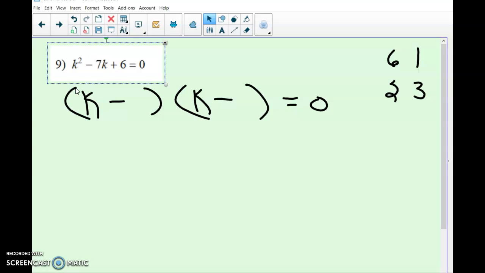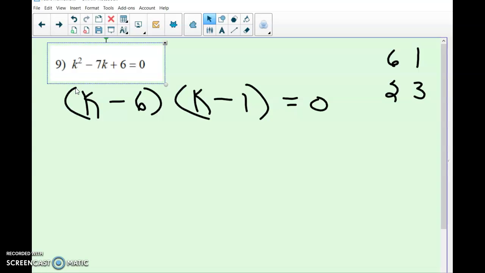There is no numerical coefficient in front of that quadratic term. It's not going to affect it either way. So I can put 6 or 1 in either. And again, I know that my outside and inside factors will give me my middle term.